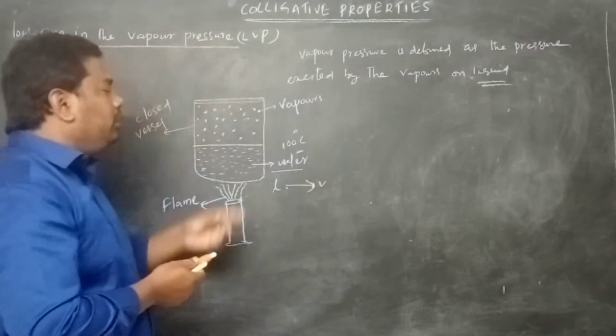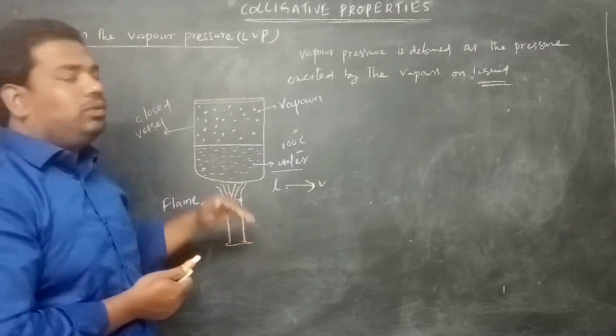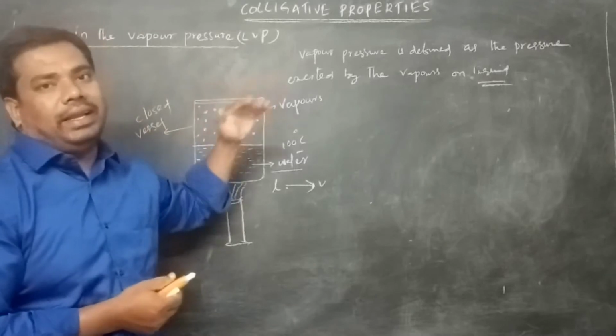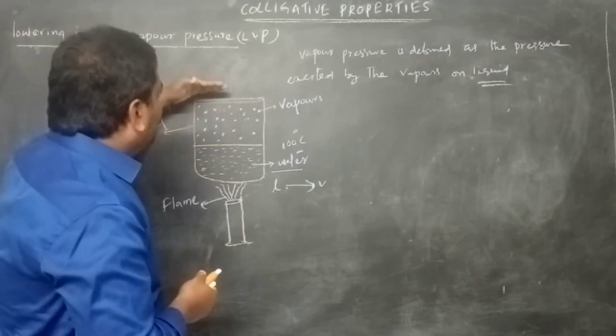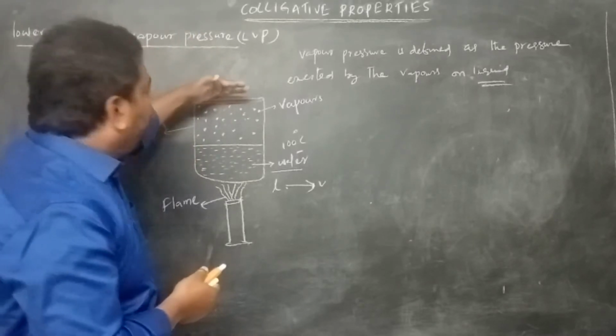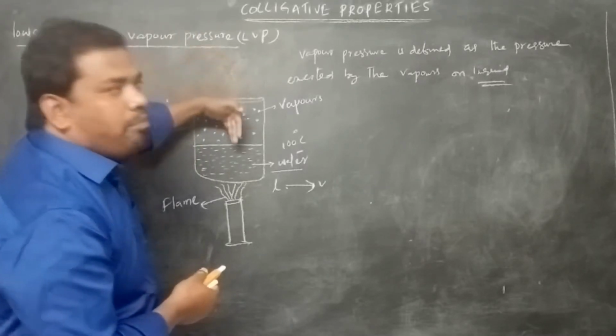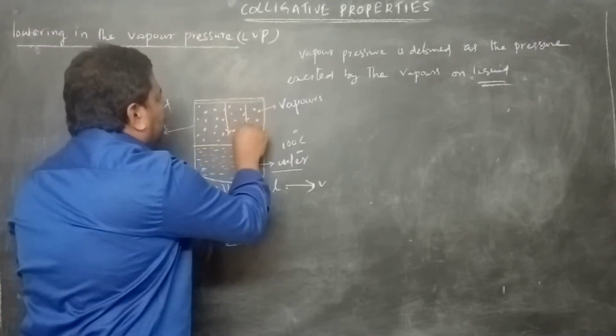These vapors cannot move outside because it is a closed container, so the vapors move in the upward direction until they reach the vessel lid, and then they come back down to the liquid.